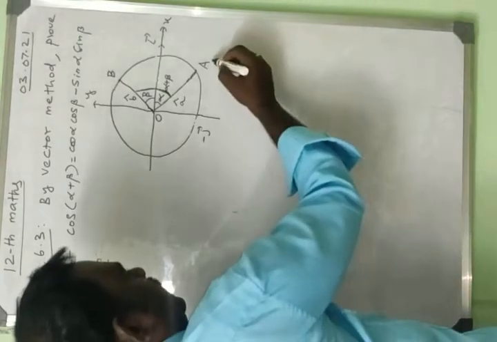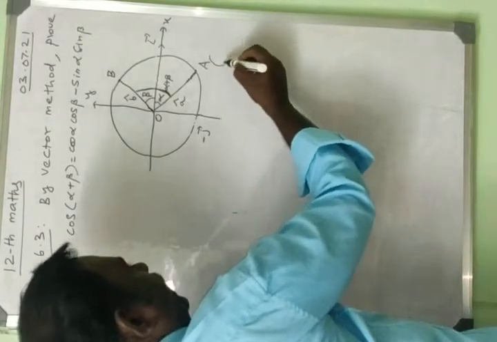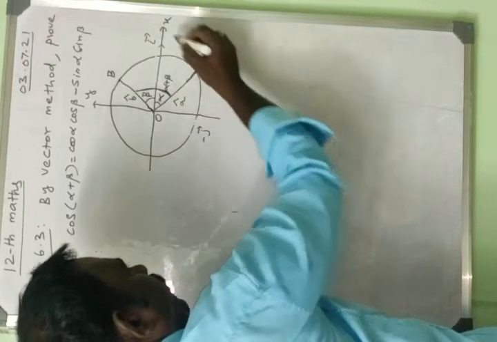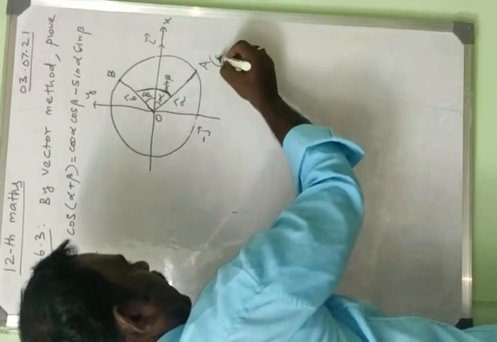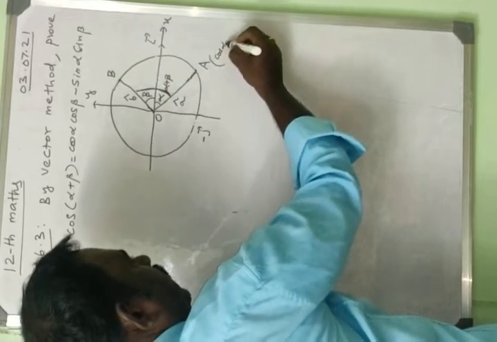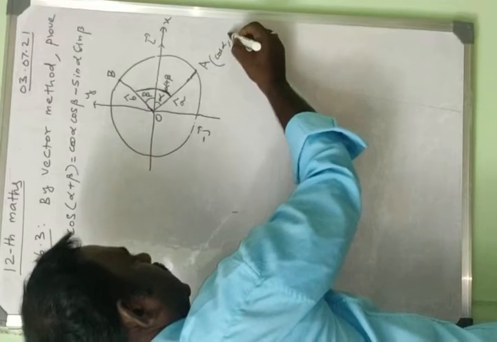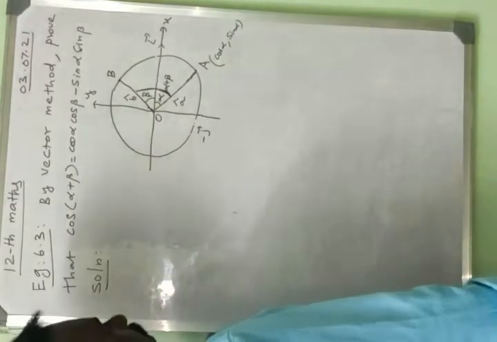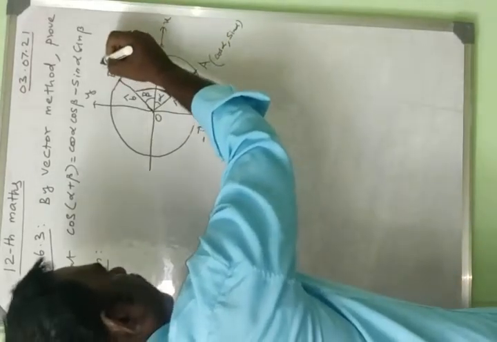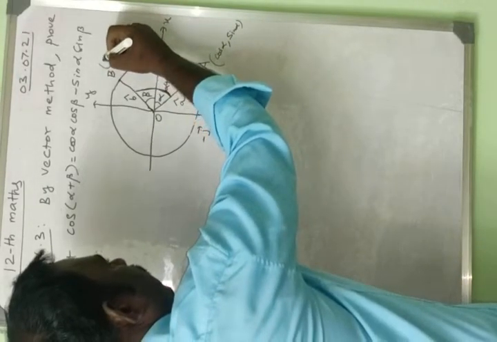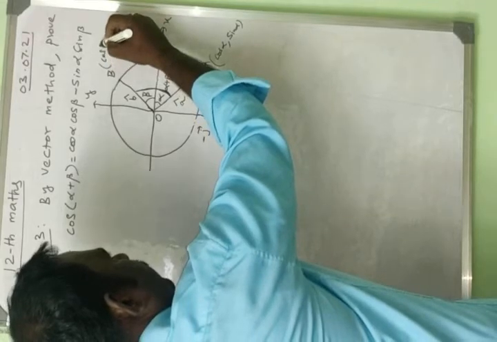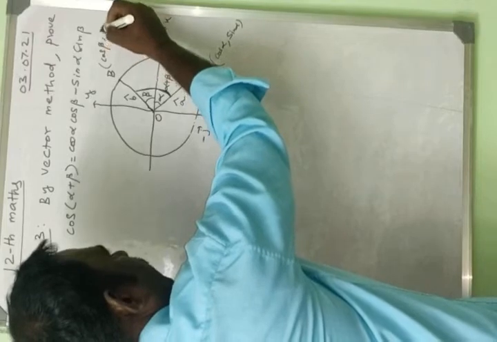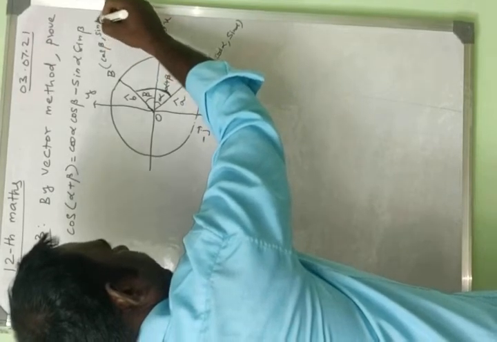Next, we mark point A. The angle alpha is given, so we get cos alpha, sin alpha. Point B has coordinates cos beta, sin beta.